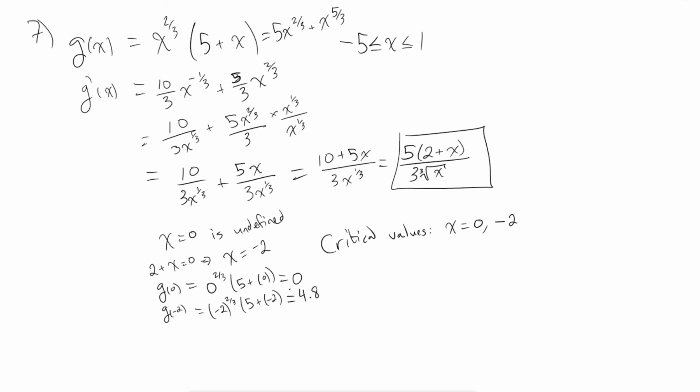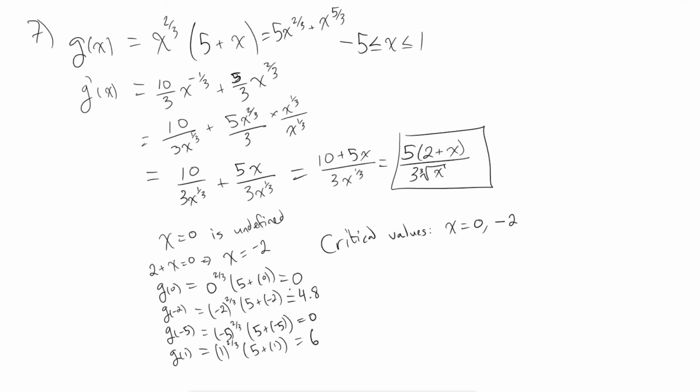So our endpoints, we have g at negative 5. We have negative 5 to the power of 2/3 multiplied by 5 plus negative 5, which is going to be 0 once again. So 5 minus 5 is 0. And g at 1, so we have 1 to the power of 2/3 multiplied by 5 plus 1, which is just going to be 1 times 6, or 6.